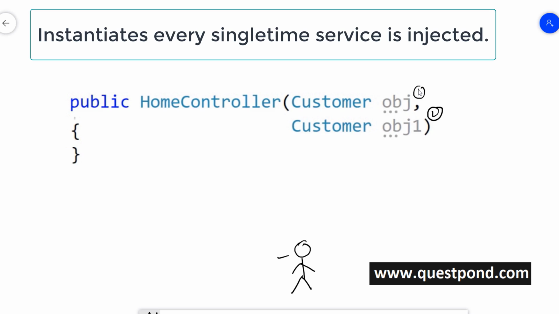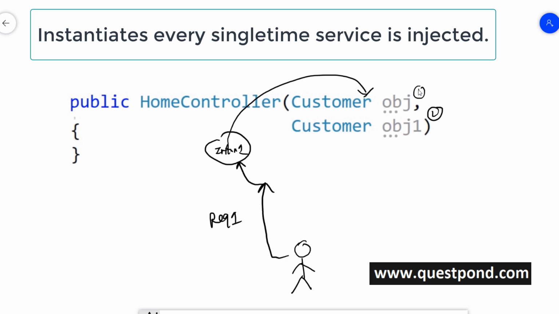Let us say now the user sends request 1. What it will do now is create 2 instances. It will create instance 1 and inject it to obj. It will create one more, a new one, instance 2, and inject it to obj1.